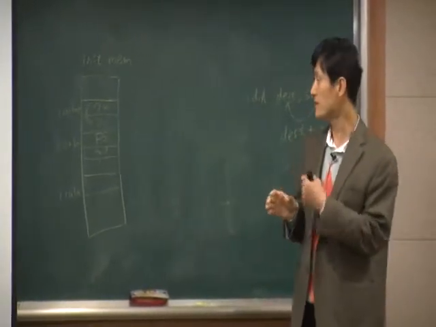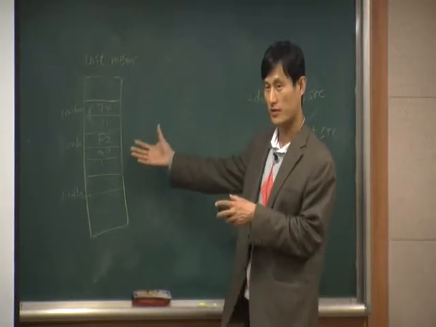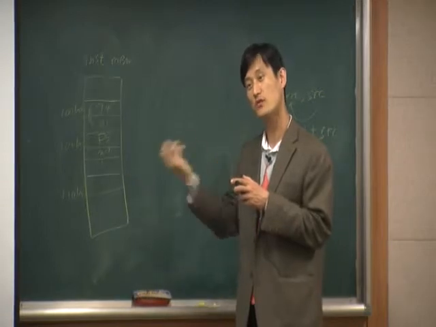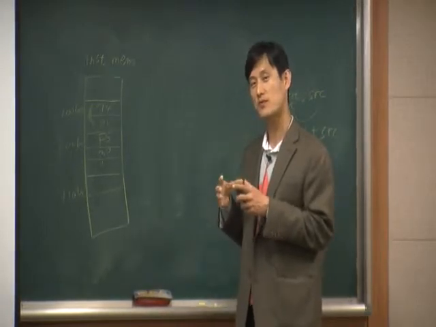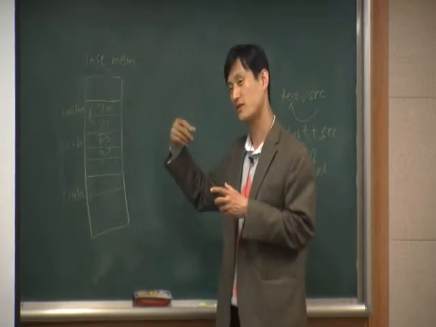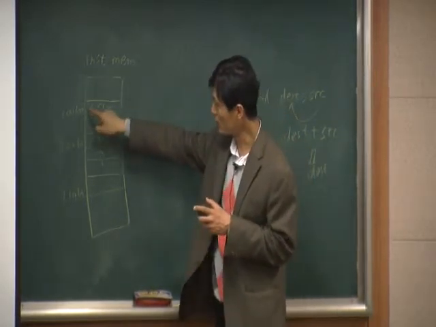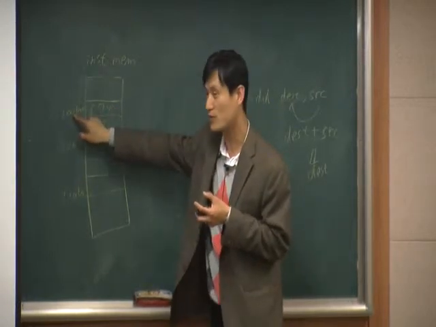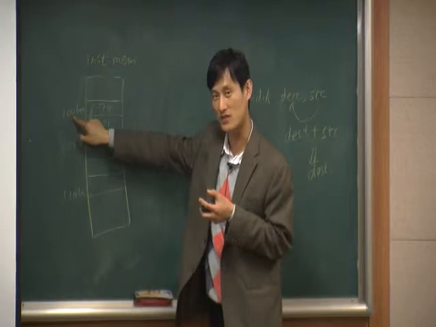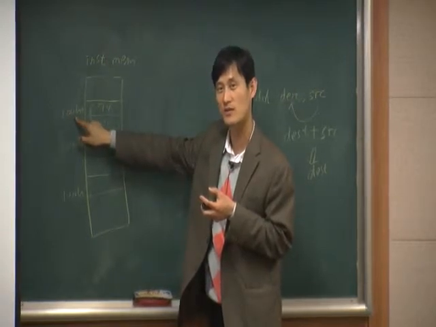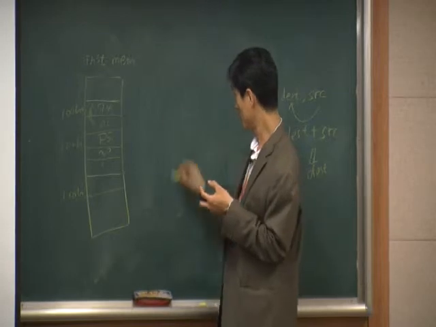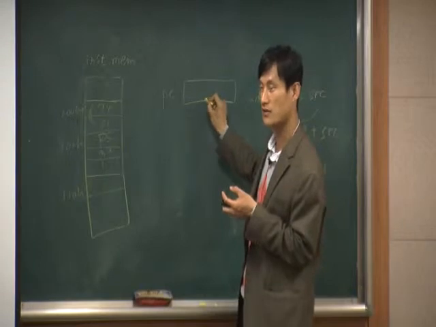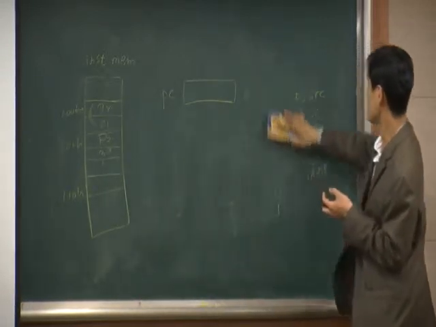Now when you run this code, the microprocessor has to go there and fetch, right? But how does the microprocessor know where to fetch? This is the address to fetch. The microprocessor will look at the PC, the program counter.